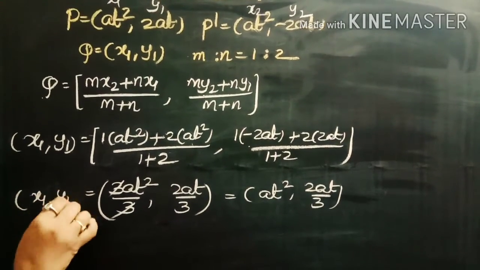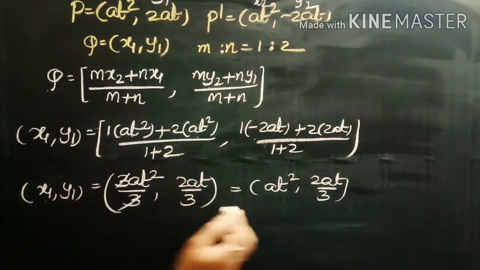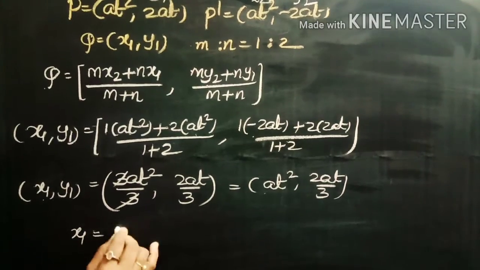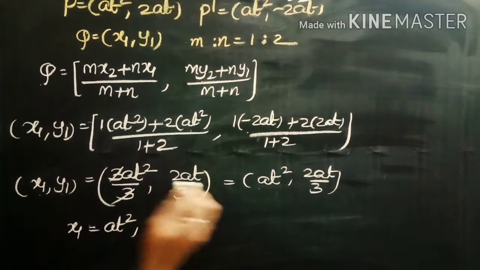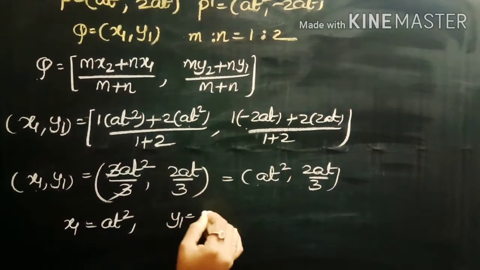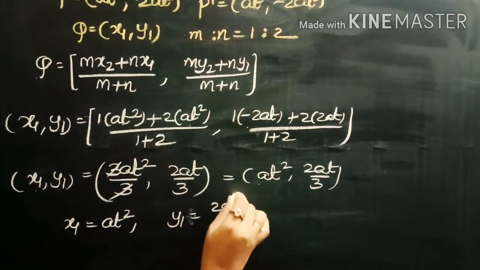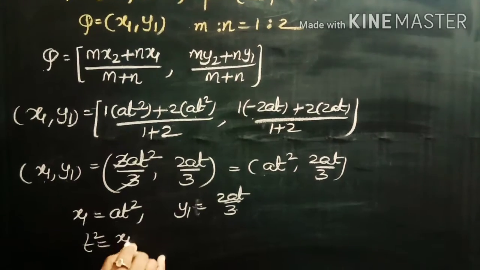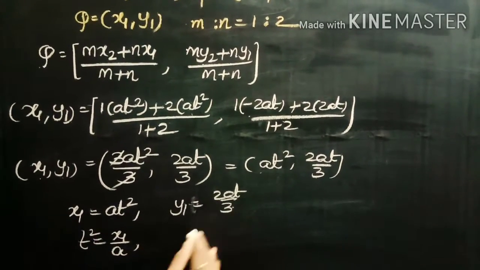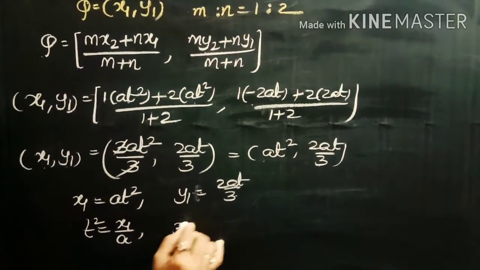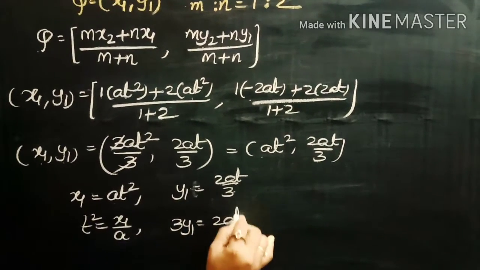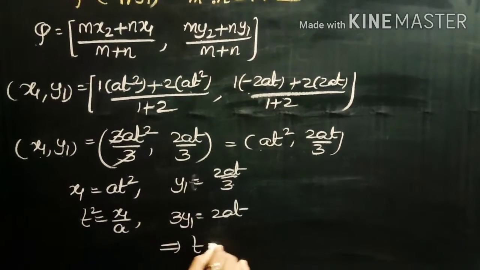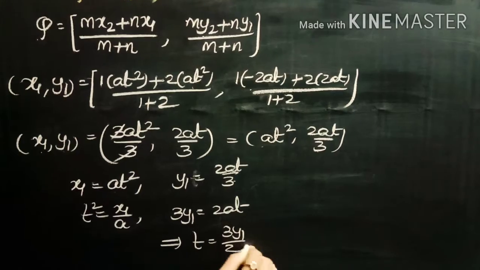Now equating the corresponding coordinates, x1 is equal to at square, and y1 is equal to 2at by 3. From the first equation, t square equals x1 by a, and from the second equation, taking the cross product, we get 3y1 equals 2at. Then the value of t is 3y1 by 2a.